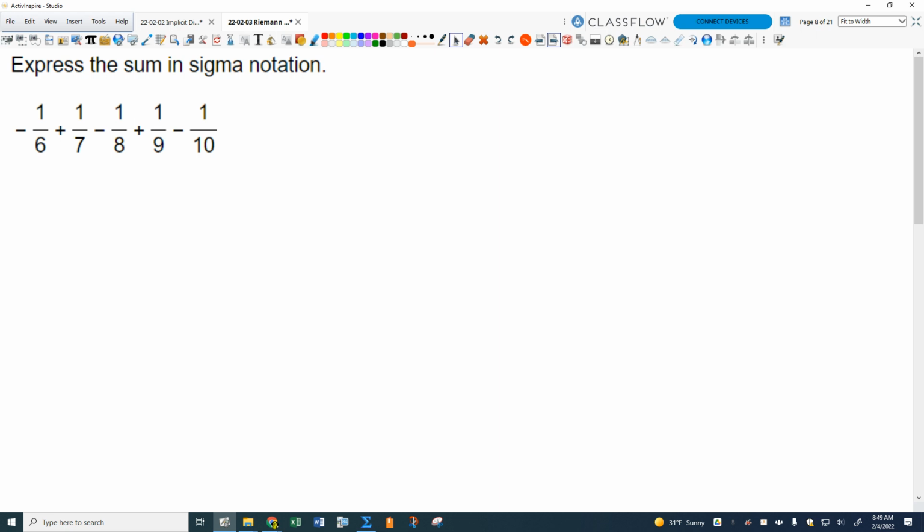Can you think of a way of changing the signs of each term? Any ideas?